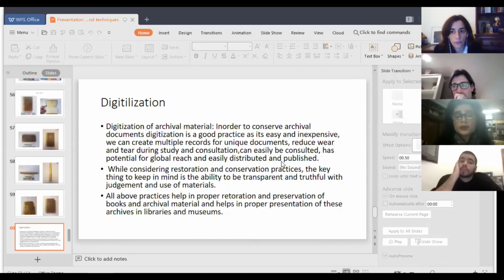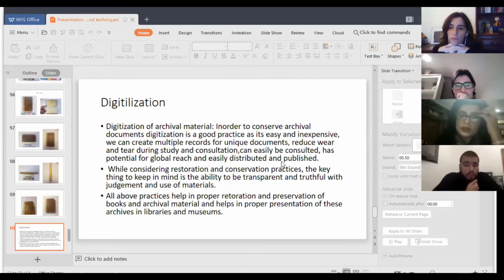Digitalizing is very important. Of course, it prevents recurrent handling of the document, and it is a very pivotal part of the restoration process, because you digitize archive material in order to conserve the archival document. It is a good practice, inexpensive.